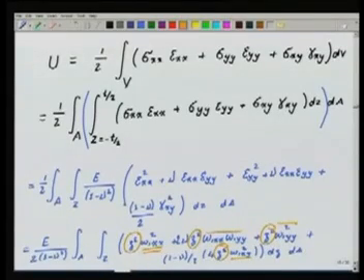So z squared integral from minus t by 2 to plus t by 2 will be z cube by 3 evaluated from minus t by 2 to plus t by 2, which will be equal to t cube by 12. Okay.